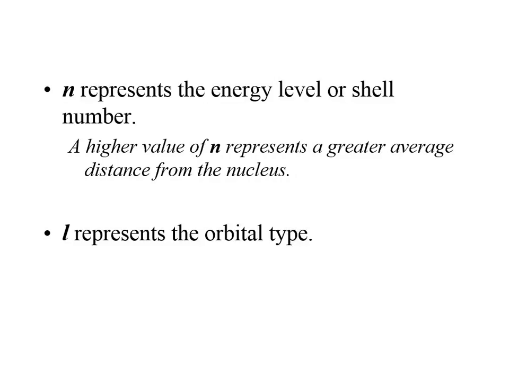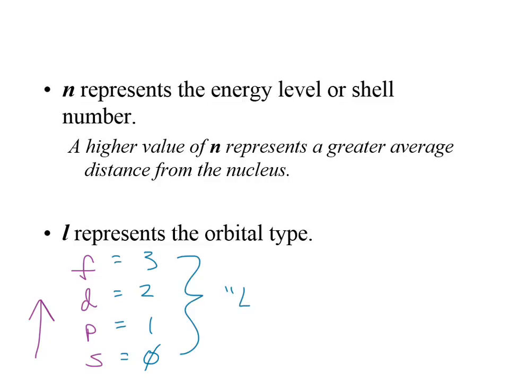And notice how I've shown them going up in energy in the same principal energy level. So I'll go S, P, D, and F as you're increasing energy. And actually, S has an L value of 0, P has an L value of 1, D has an L value of 2, and F has an L value of 3. So these in blue are their L values.